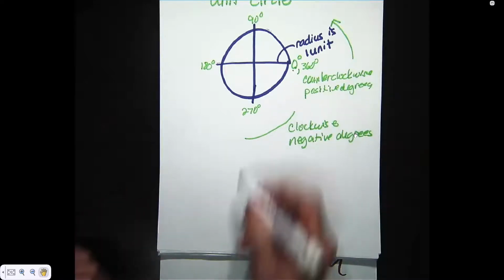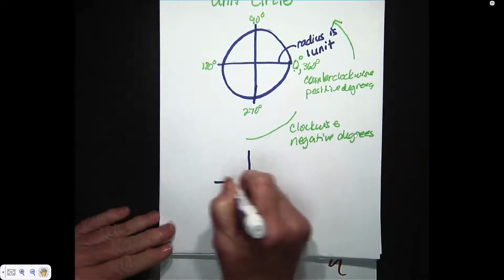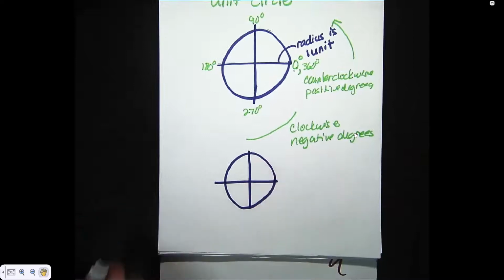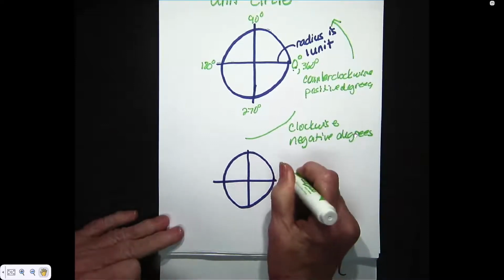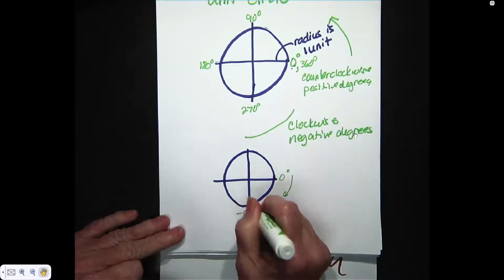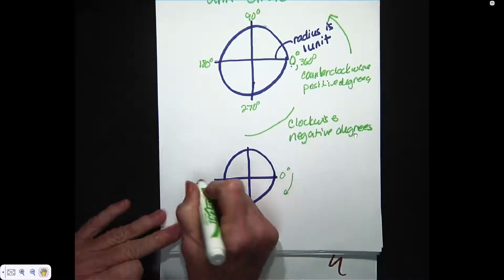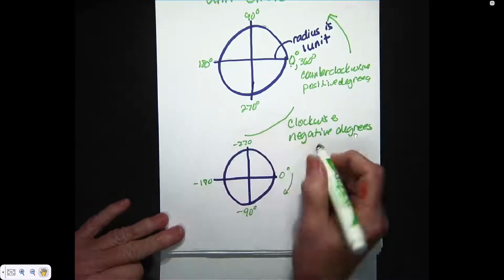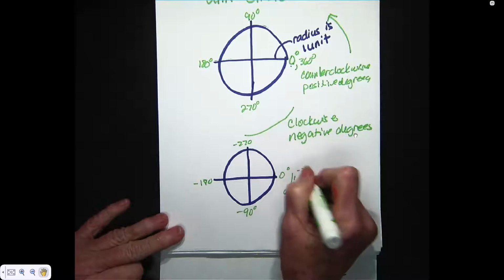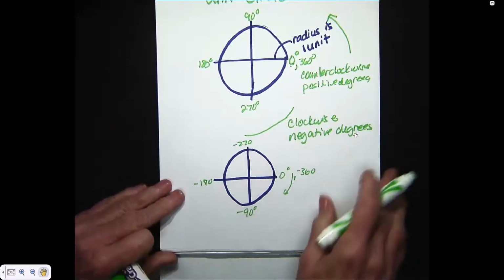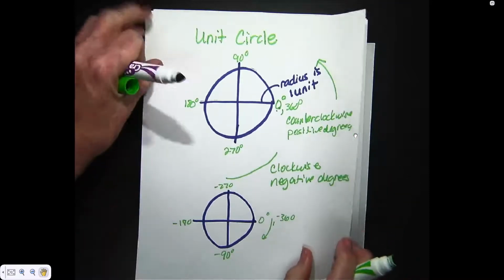If I wanted to go in the opposite direction, you would have 0 degrees, and reading this way would be negative 90 degrees, negative 180 degrees, negative 270 degrees, and then negative 360 degrees. So you just have to remember positive or negative, which direction do you want to go with this?